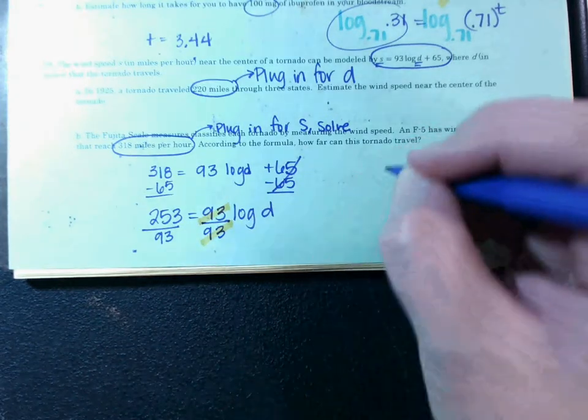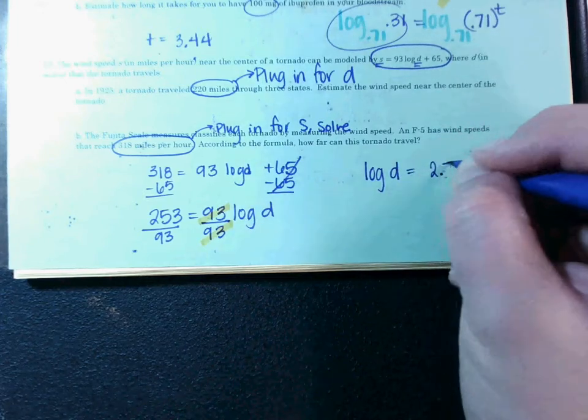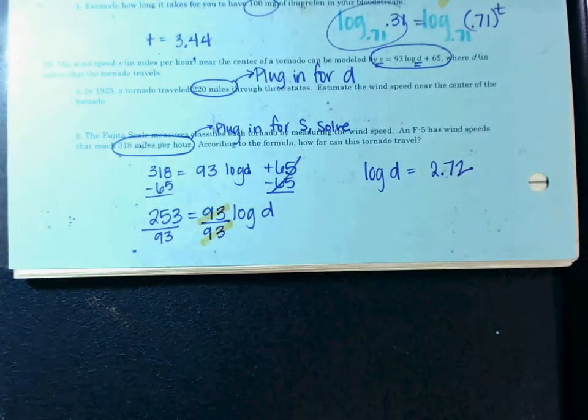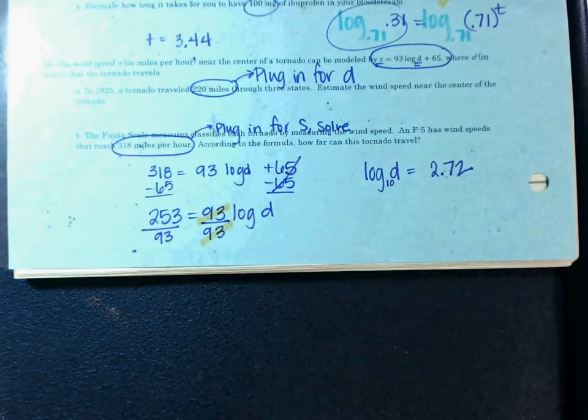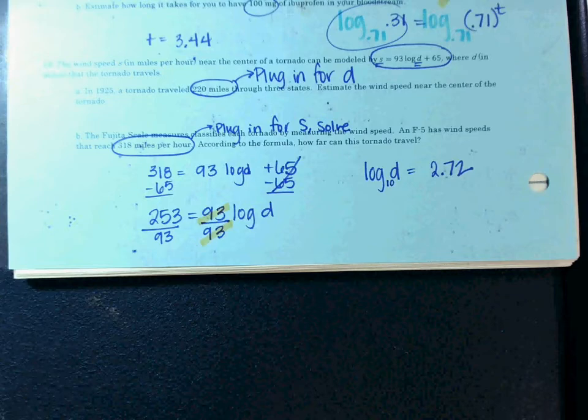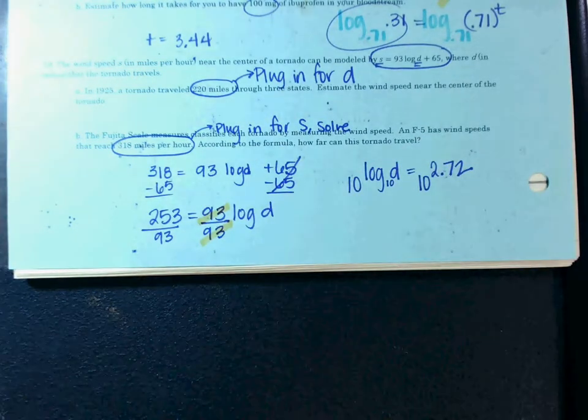So I'm going to write over here, I have log D equals 2.72. Now I notice that my log doesn't have a base. If the base is not written, that means it's a base what? 10. So you're going to write in your own little 10 there. And then how do you get rid of a log base 10? You have to 10 both sides. So you're going to 10 to the log base 10.